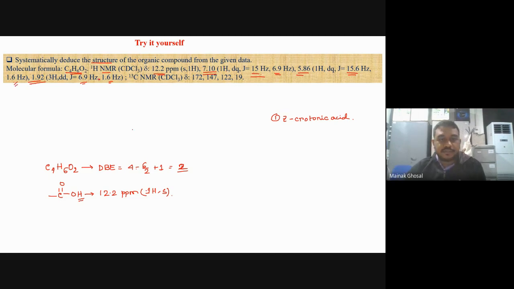So you can see that there are three coupling constants given. I'm writing these coupling constants, which will give you some information about which kind of compound it is: J equals 15, J equals 6.9, and J equals 1.6.